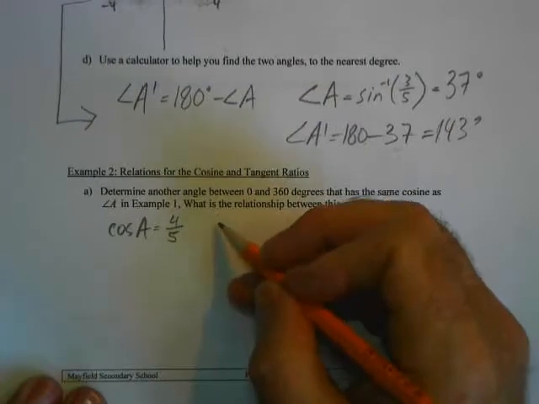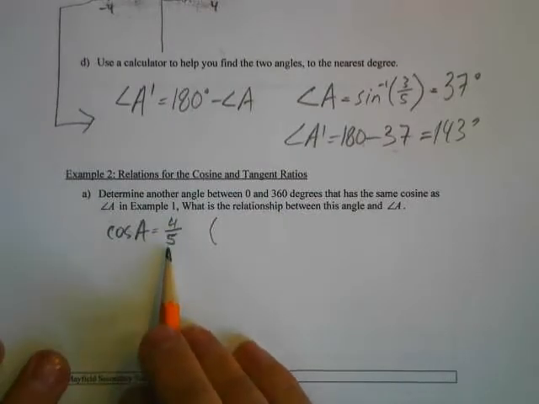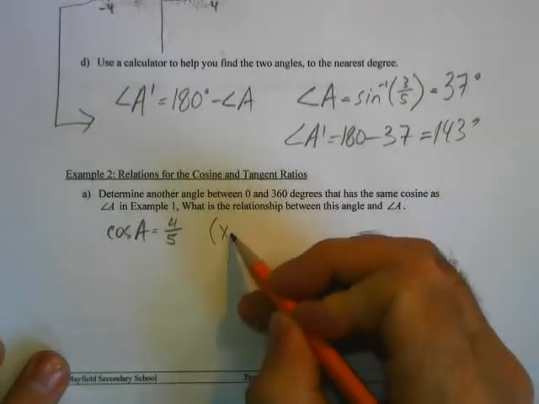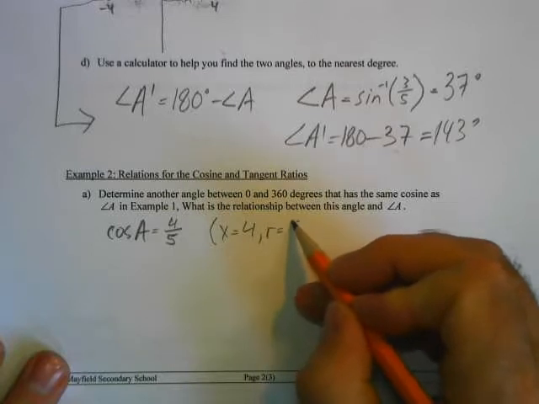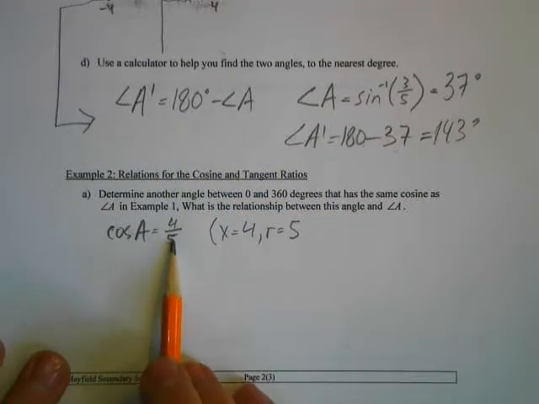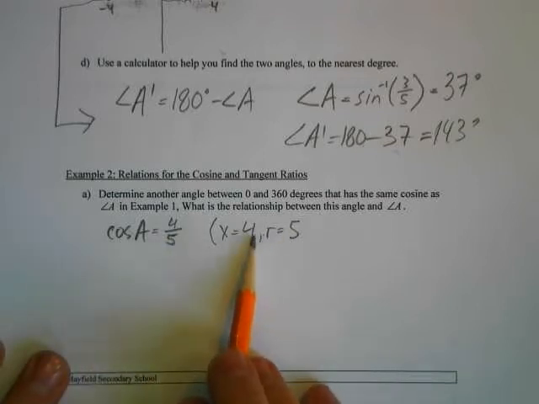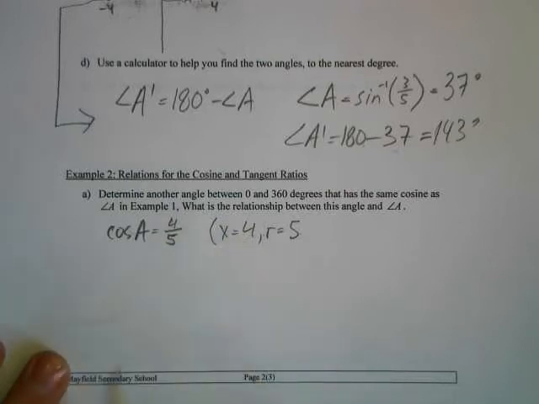So in this case, I won't do all the steps we did before, but I know that's x over r. So I know x is positive 4, and I know r is positive 5. And I know that because the r value always is positive. So that means if the ratio is positive 4/5, that means x has to be positive 4.